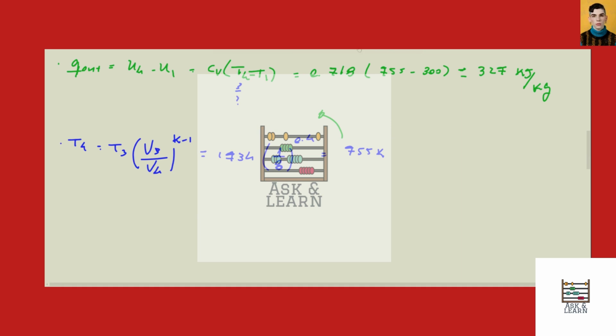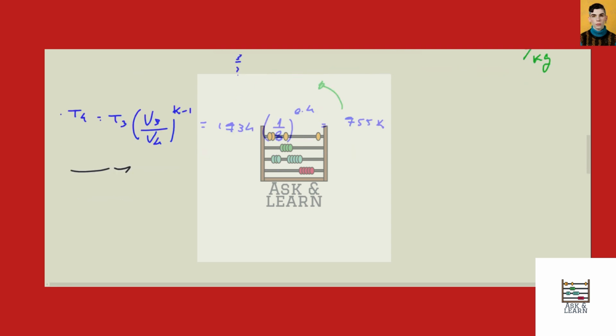So part C. In part C, we want the thermal efficiency of the cycle. And the thermal efficiency is just the net work divided by the input heat.